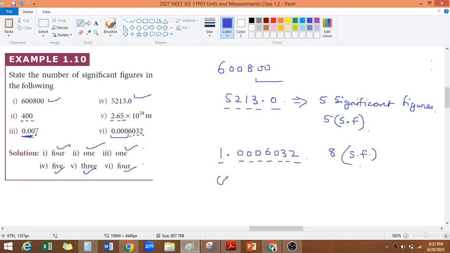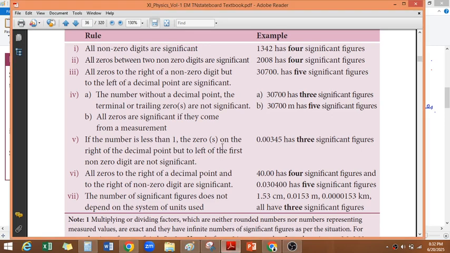If there was a 0 here instead, then we should not consider these zeros as significant. 1, 2, 3, 4. So that means only 4 significant figures. As we do some more problems, it will make more sense, but we can go through the rules here.